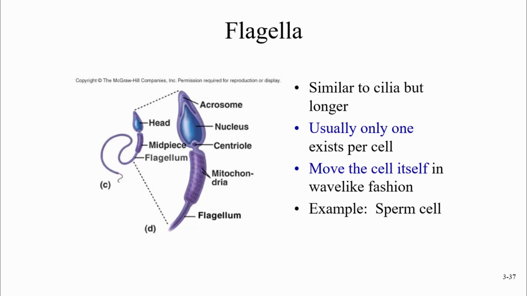Sometimes you'll get a couple per cell, but that particular sperm cell is not very functional with the two tails. So it's usually just the one tail, the one flagella. And it's going to move the cell in kind of a wave-like fashion. A little different than cilia that has that power stroke and recovery stroke. This is going to be more of a wave-like action.